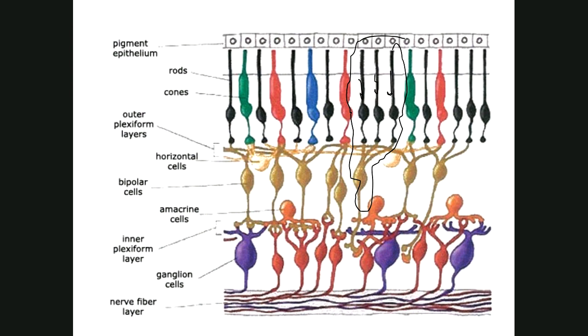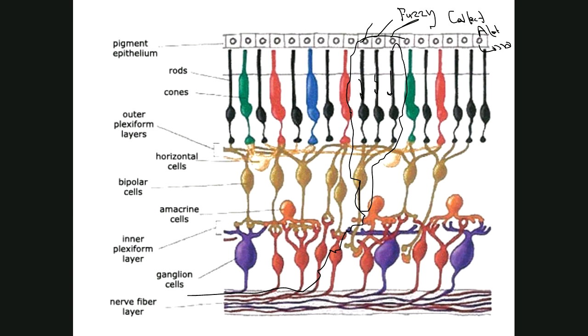When this gets to your brain, you're not going to be able to tell the difference between this and this and this and this. In other words, this is going to have sort of a fuzziness to it. It's not going to be very sharp. But because there's three of them on one cell, it can collect a lot of light. And so you can see in low light places, because it collects a lot of light, 3 times as much light.